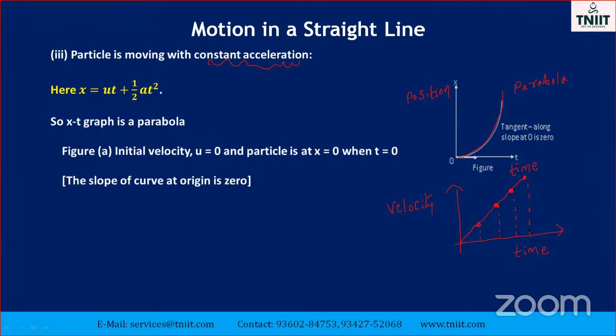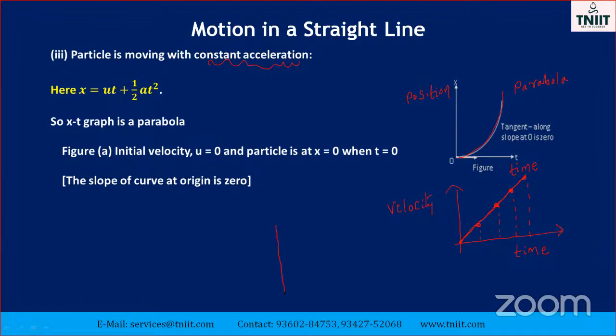If it covers equal intervals of velocity in equal intervals of time, then it is said to be a constant acceleration. So velocity time graph should be a straight line like this.